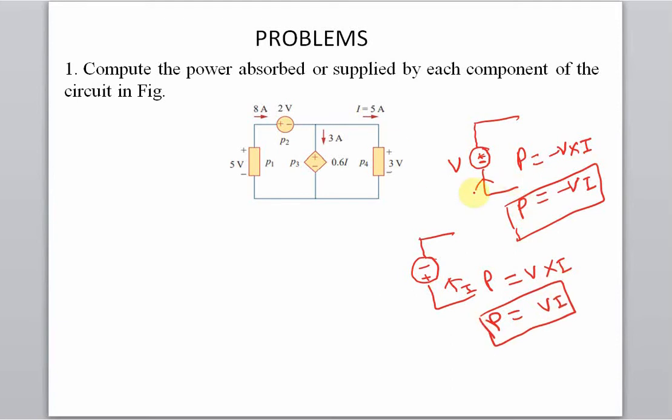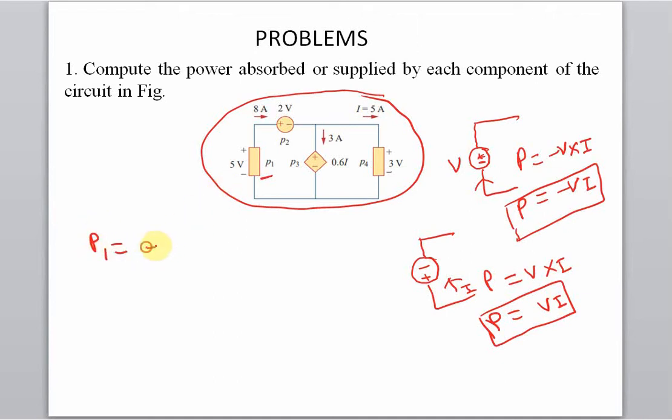So we have to find out in this circuit which element is delivering power and which element is absorbing power. Let's do it one by one. If we see this element in the figure, it is mentioned as P1, then we can write the voltage across this one as minus 5 volt and the current entering the negative terminal of the voltage source.